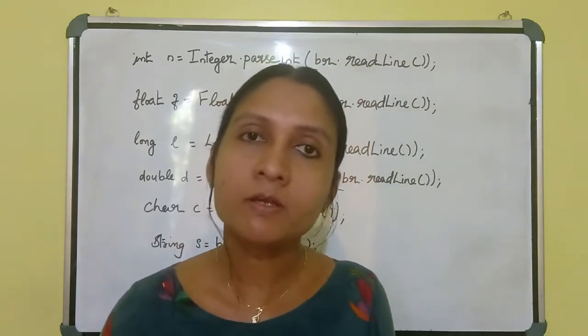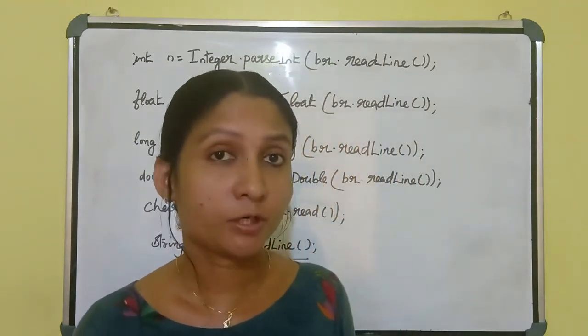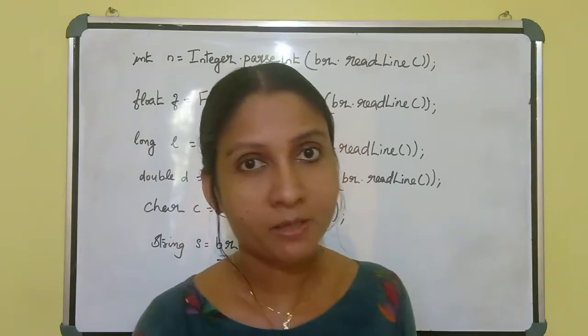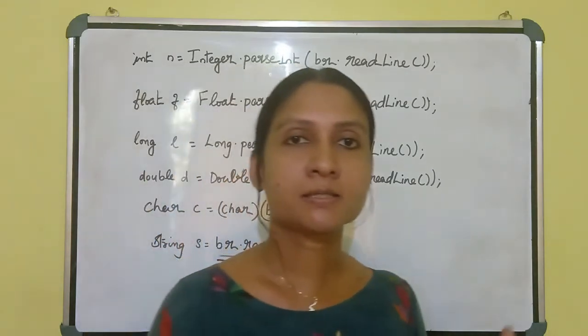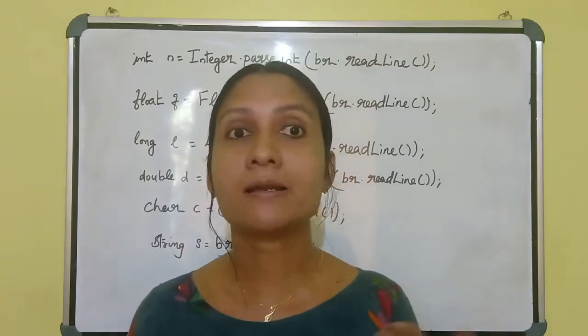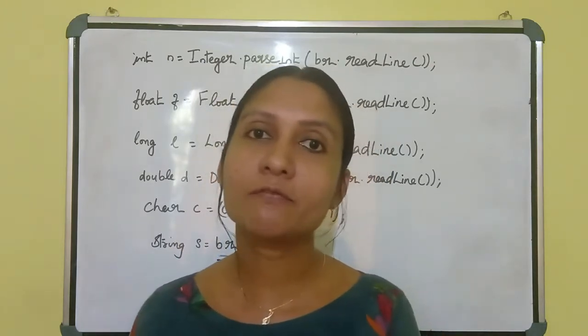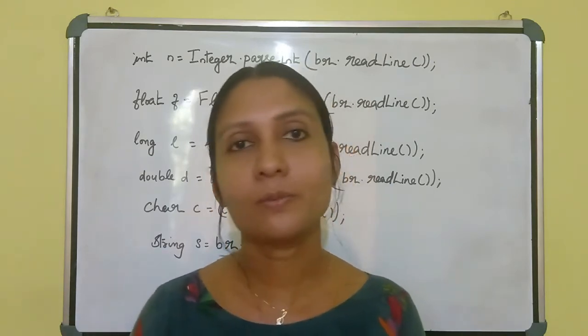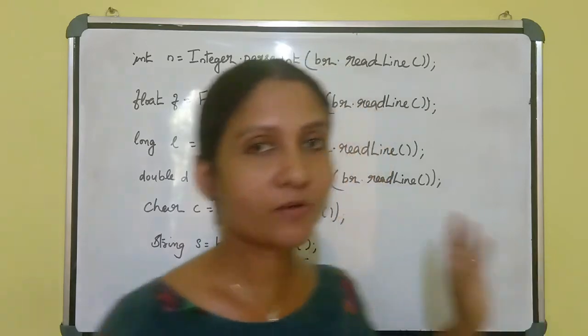But after that, sometimes we need to convert these values into numerical type data, sometimes into real type data, sometimes a character type data. Because of that we need some functions to convert this string to those types. For that purpose we are using these functions.